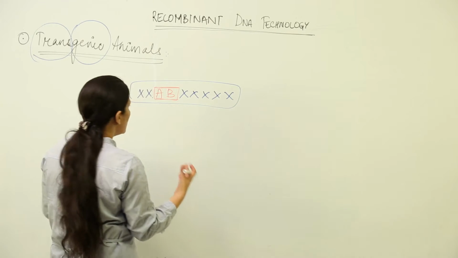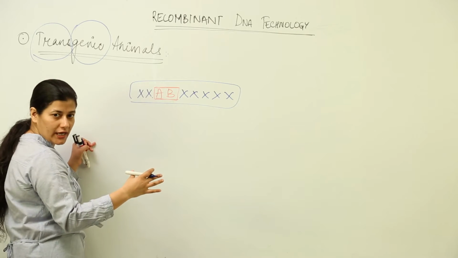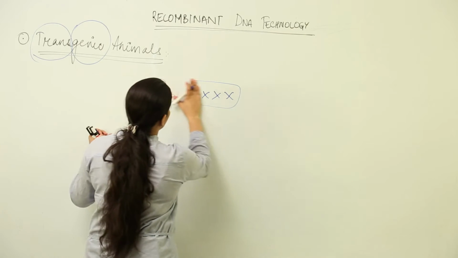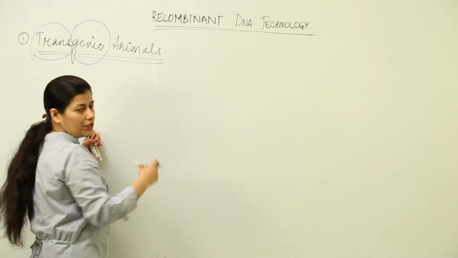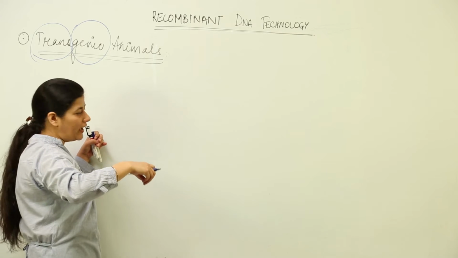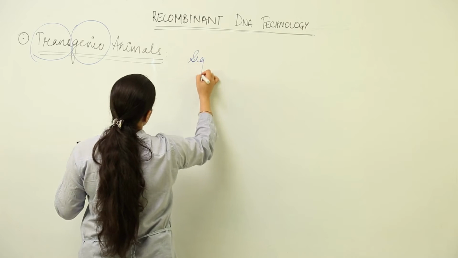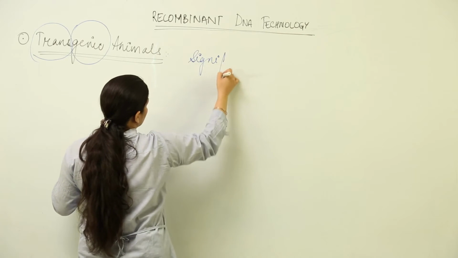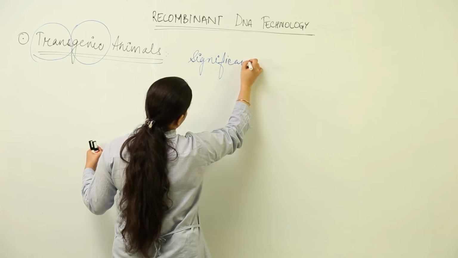We had talked about rDNA technology, so we know by now what it means and what a transgenic animal would be like. A transgenic animal will have an external gene incorporated into its genome, and what is the significance of such animals? This is the area of concern for our lesson.